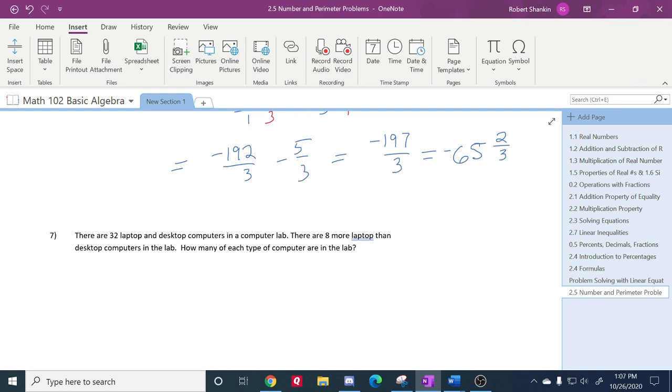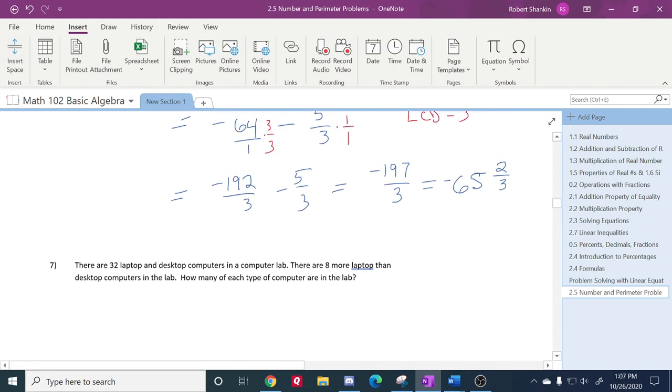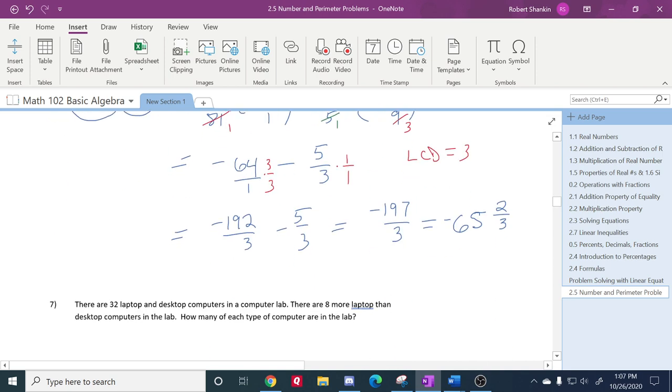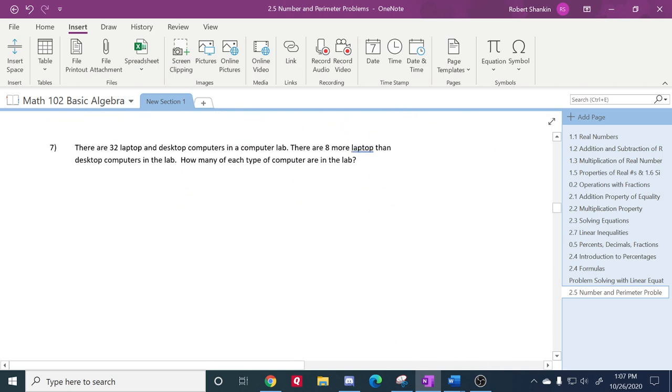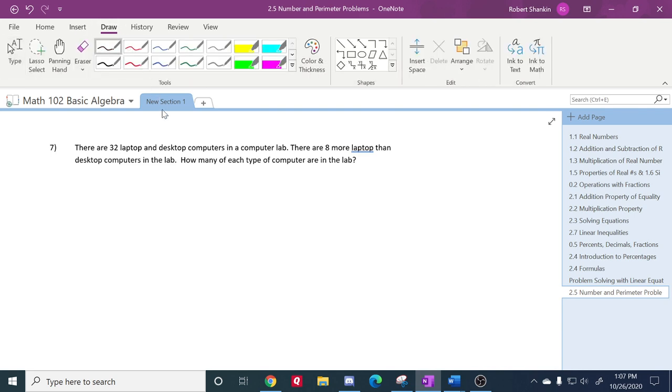Whew. All right. Now these type of problems don't fit into my easy kind of formula thing that those earlier ones did. But I can still do my guess. Now when I guess, I'm going to guess a ridiculously small number. Should I guess a number for laptops or for desktops?